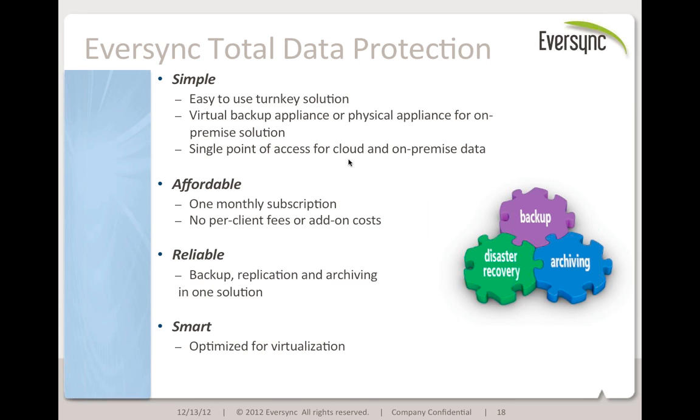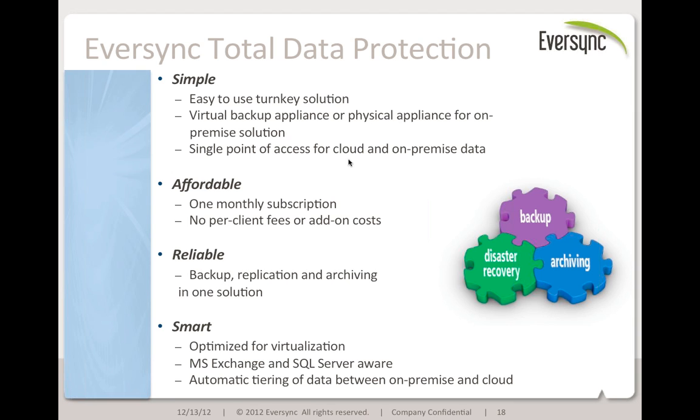And our solutions basically have some very common characteristics. They're very simple and easy to use. It's a turnkey solution. Our hybrid cloud solution, or cloud tiered solution, encompasses all the components, including the on-premise components, the data movement to the cloud, and all the cloud services and cloud storage in a single easy subscription that's relatively fixed.